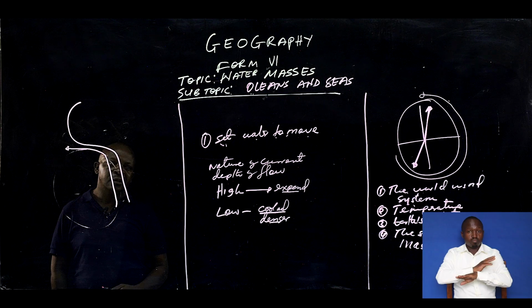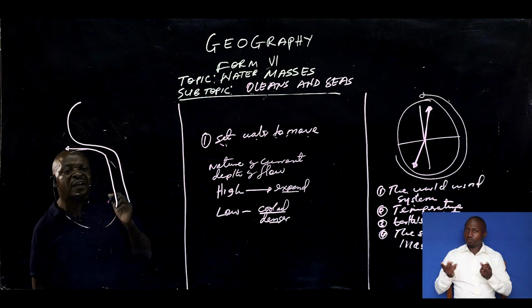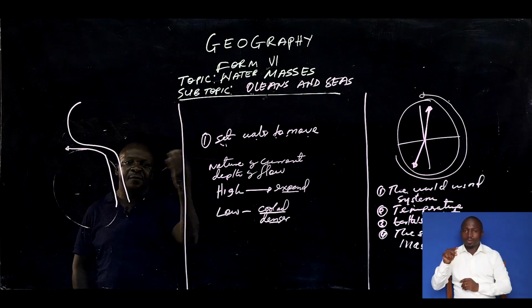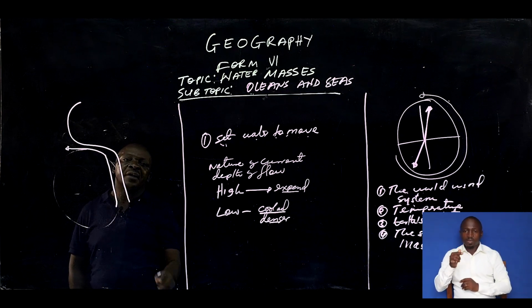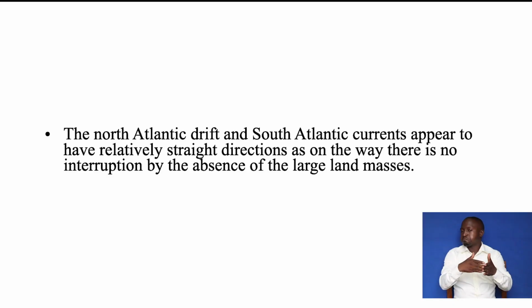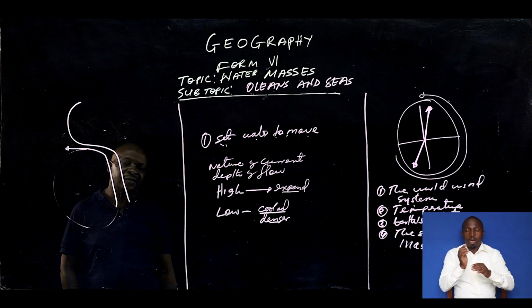Also understand, the North Atlantic drift has a fairly straight direction, as on the way there is no interruption by land mass. So we say the North Atlantic drift and the South Atlantic ocean currents appear to have relatively straight directions, as on the way there is no interruption by large land masses.